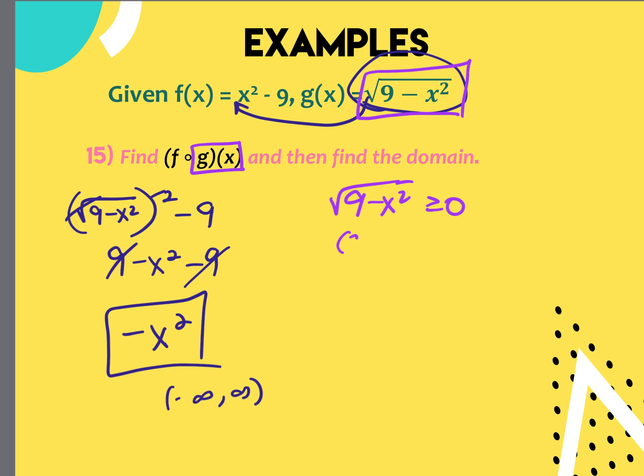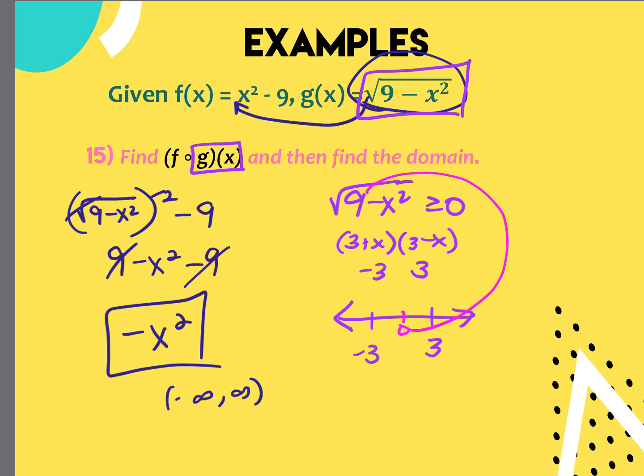We would factor it, 3 plus x, 3 minus x. I'd get negative 3 and positive 3. I'd set up my number line. I'd plug in the 0 in here. 9 minus 0 squared greater than or equal to 0, and 9 is greater than or equal to 0.